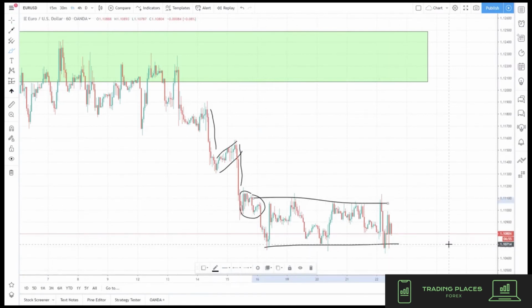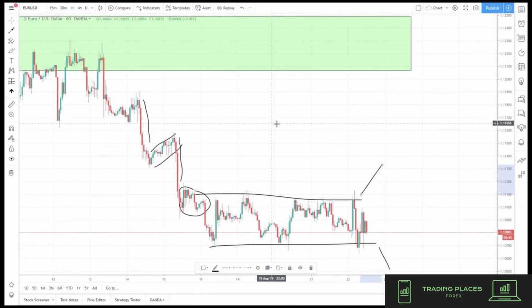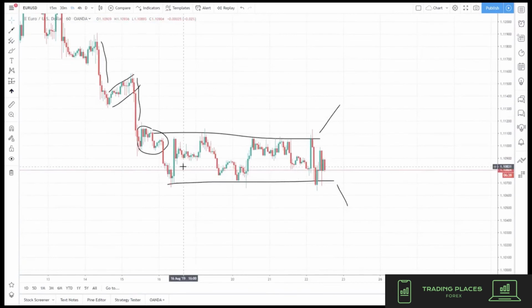And so what we're waiting for at this point in time is the markets to either break to the downside or break to the upside, right? That's the most logical way to go about this. And so again, we identify this as consolidation because of the fact that there is no individual direction that the market is trying to move.